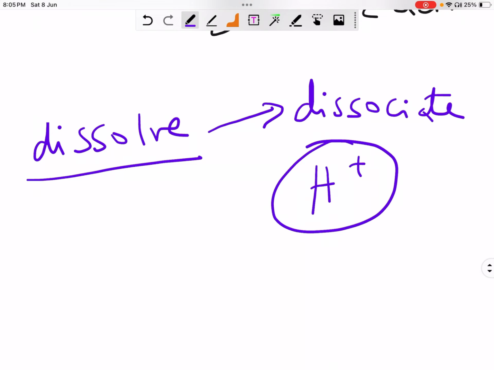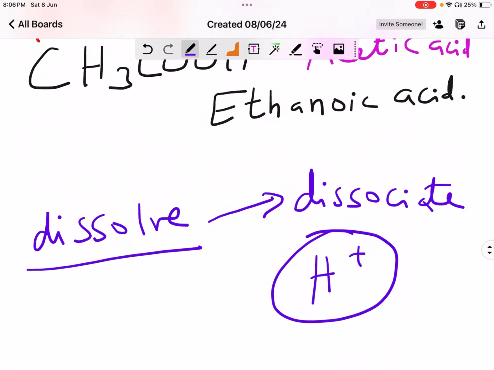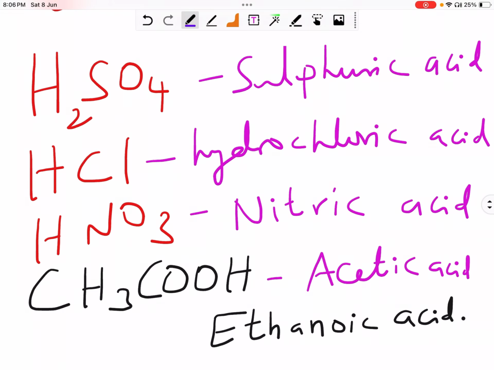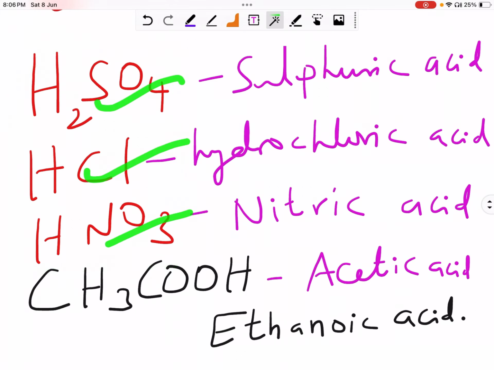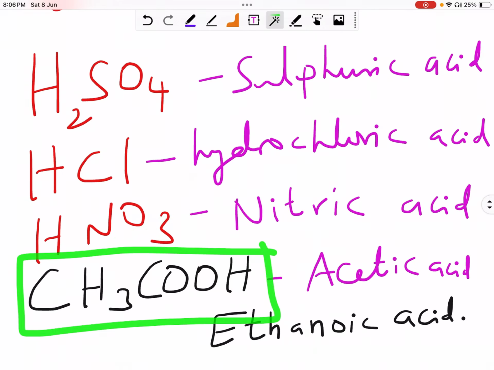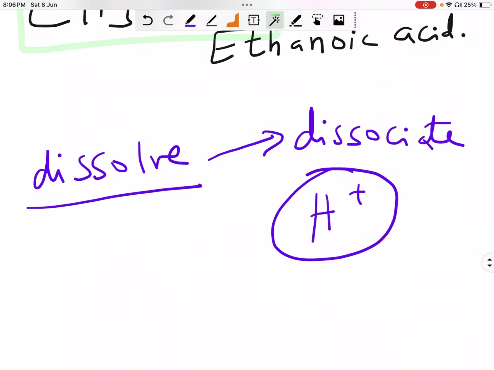There are some acids which are in solid form, that will take time to dissolve. Among the four acids which are given, the first three are inorganic acids. They don't have carbon in them, so they are inorganic acids. And this one, which is having carbon in it, is an organic acid.